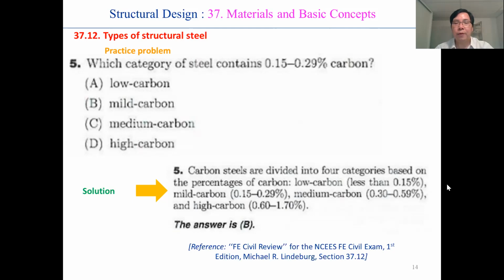And after you have other categories, medium carbon and high carbon. And when you look at the question, between 0.15 up to 0.29% of carbon, you can see that the good answer for this problem is B, mild carbon.